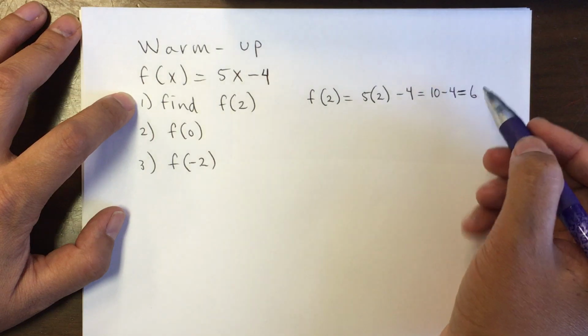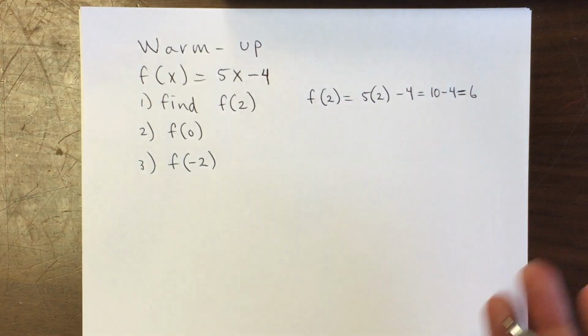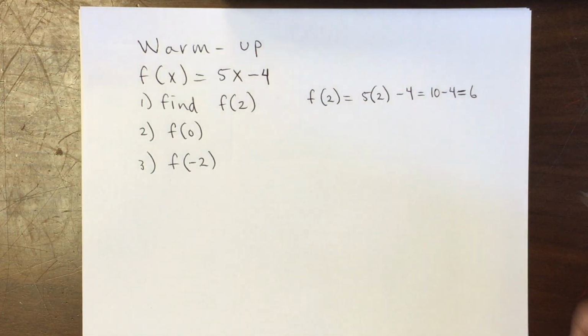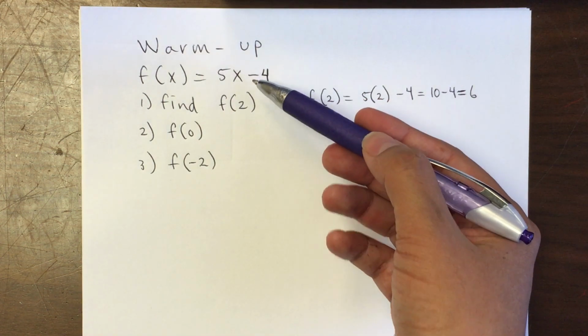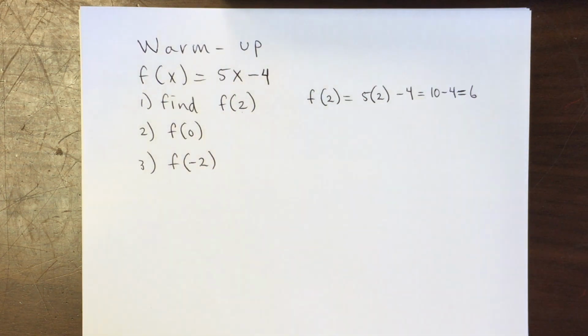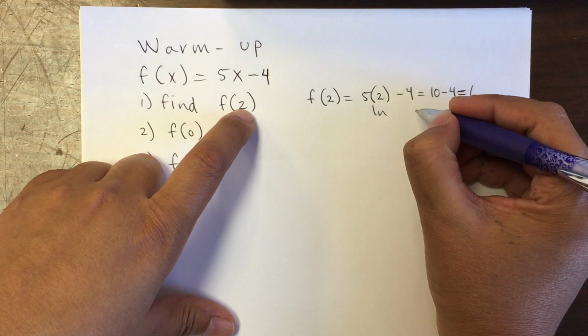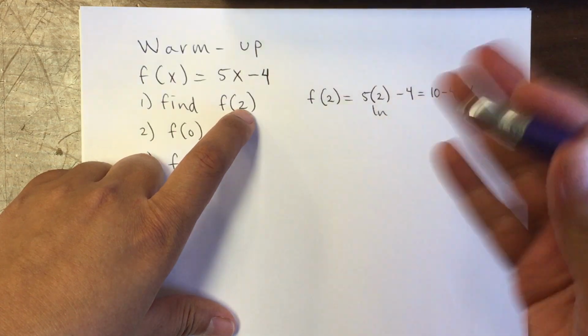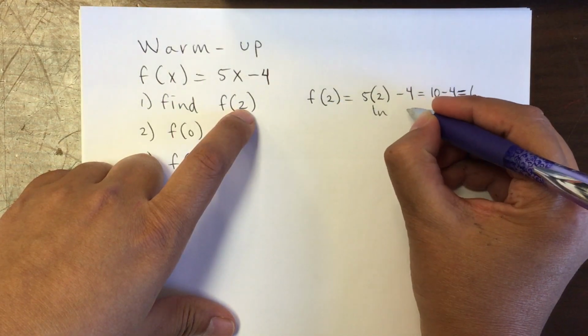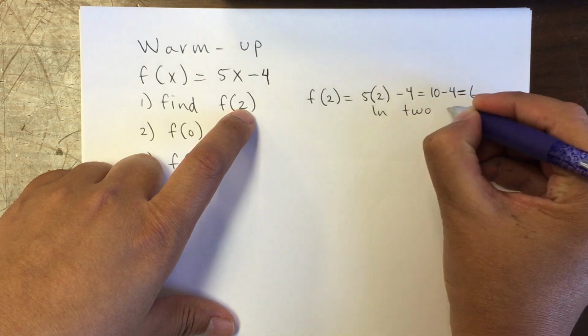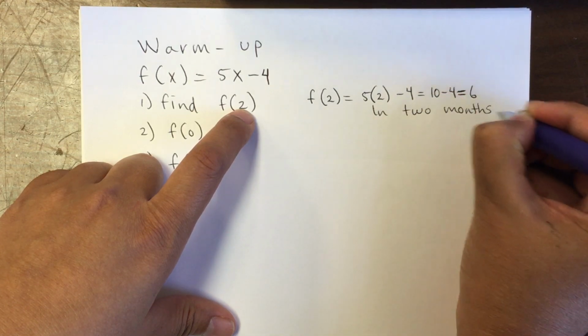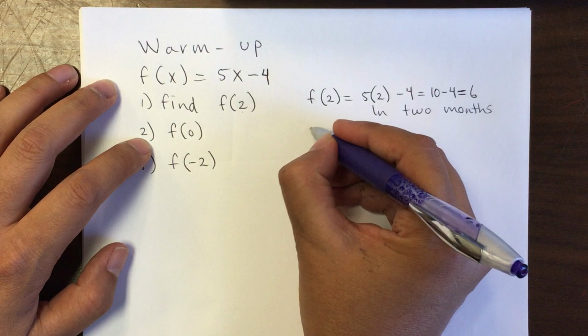So in 2 months, how much am I gonna have in my account? $6. Before I was in debt, but after 2 months I will have $6. So f of 2 means in 2 months, in 2 years, depending on the word problem you would create.